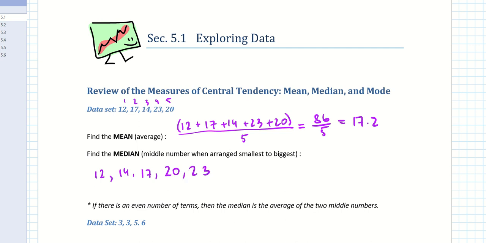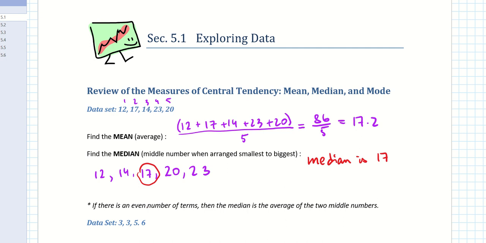So now we're going to look which number is in the middle. In the middle we have number 17. So this number here is going to be our median. So the median, in this case, of this data set is 17, which is the number that's in the middle. Now notice that here we have 5 values in our data set.